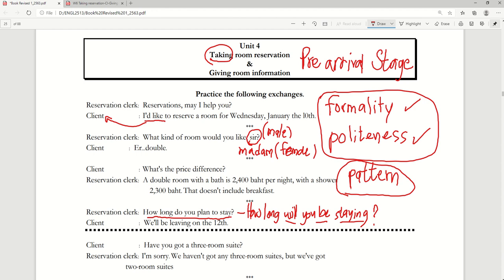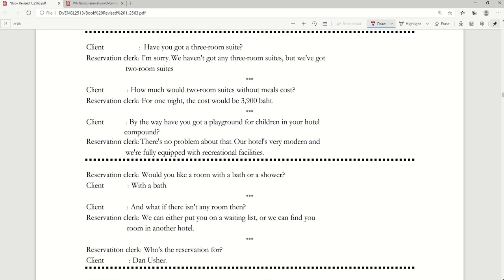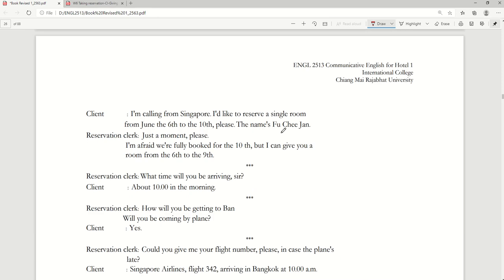Future continuous. Not only asking for how many days, it can be asking what time will you be arriving? What time will you be arriving? Actually, what does it mean? When will you arrive?